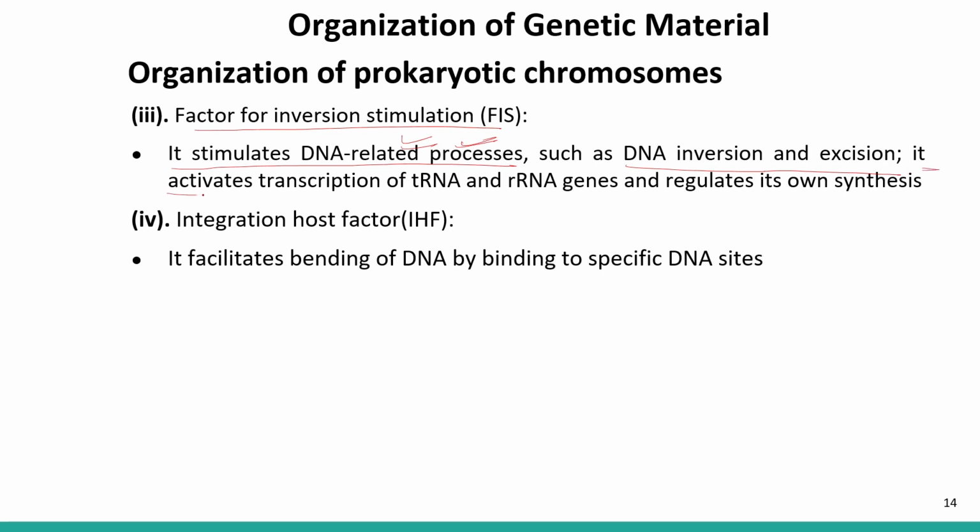It activates transcription of tRNA and rRNA genes and regulates its own synthesis. So the DNA is involved in the formation of RNA that is later transformed into tRNA and rRNA. They are mainly concerned with excision and these activities.